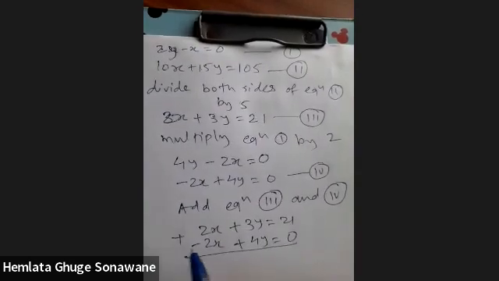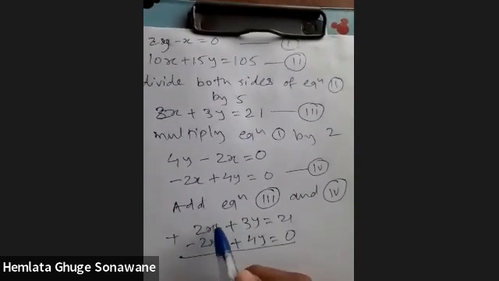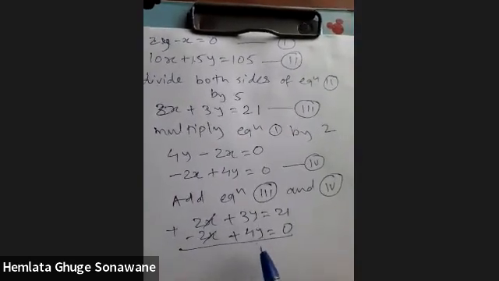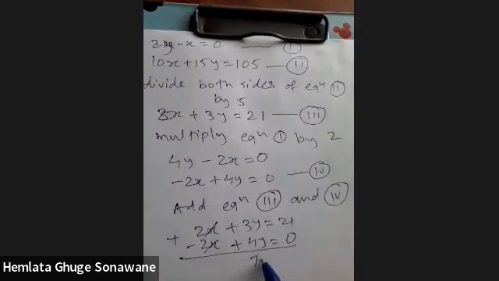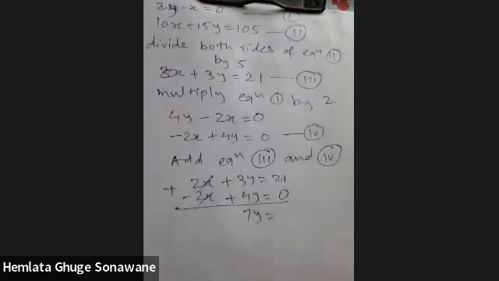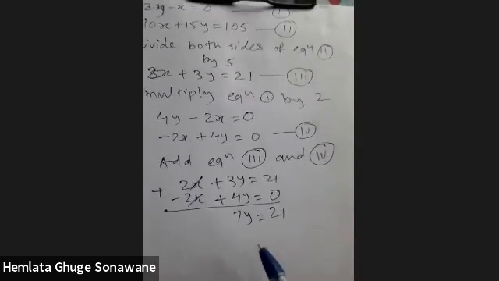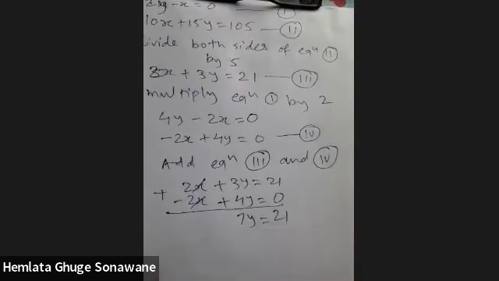We are adding this. So plus 2x and minus 2x get cancelled. 3y plus 4y is 7y and 21 plus 0 is 21. We have got 7y is equal to 21.